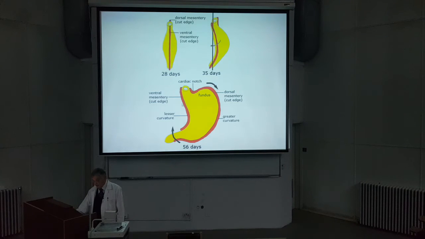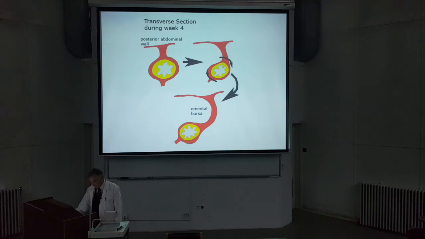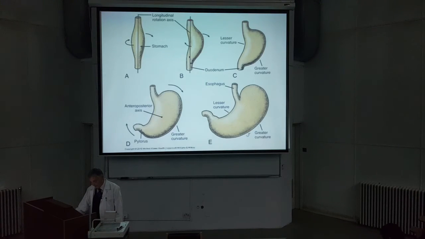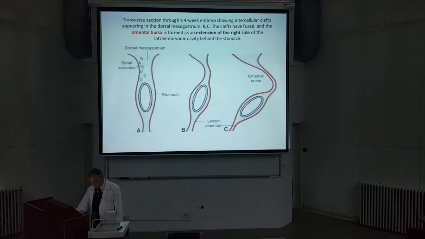Now, as the greater curvature is to the left and the lesser is to the right, there is another rotation which is along this axis, anteroposterior axis, and this rotation is also clockwise. So all the rotations of the stomach are clockwise. Same idea.